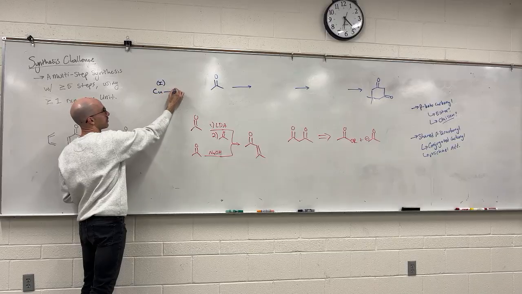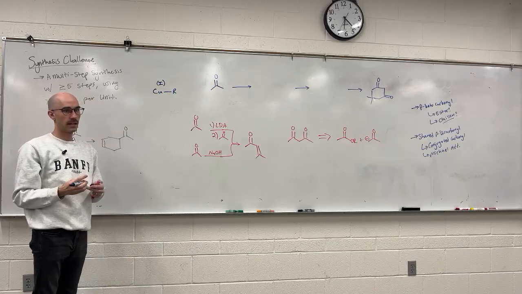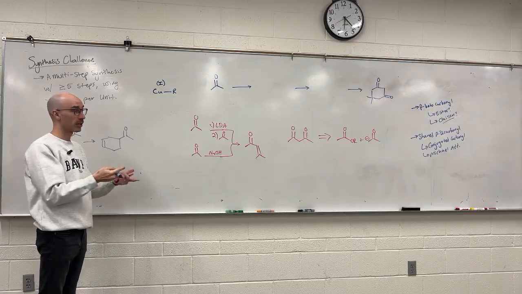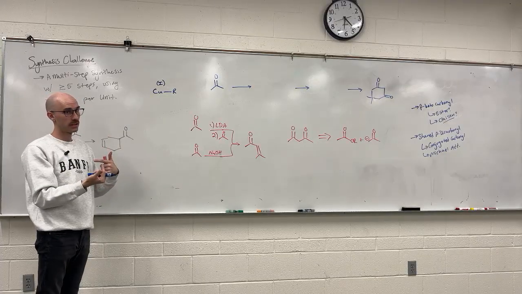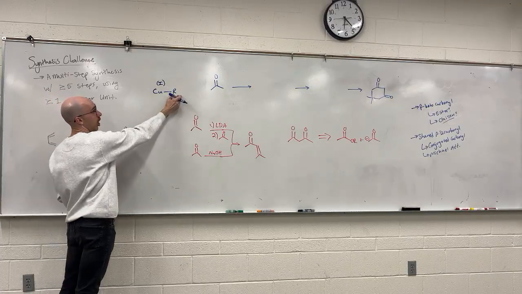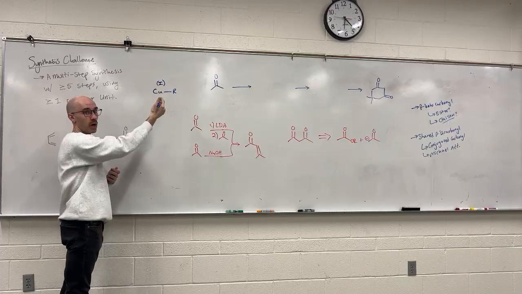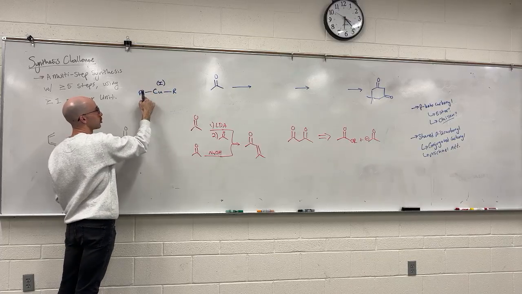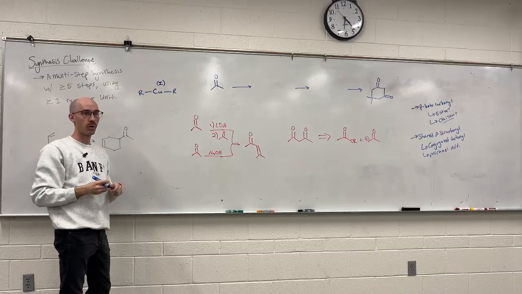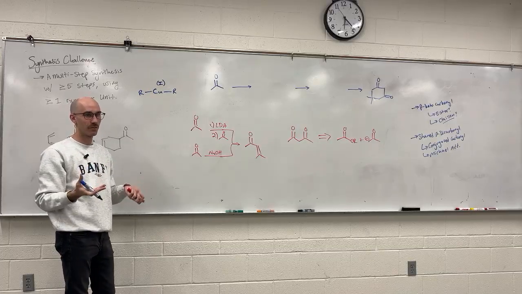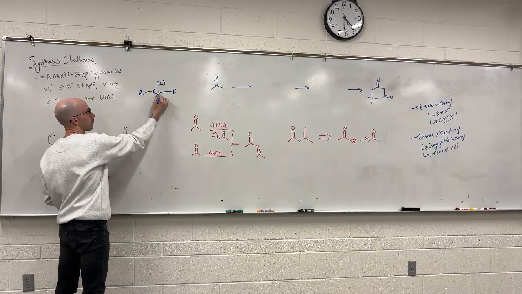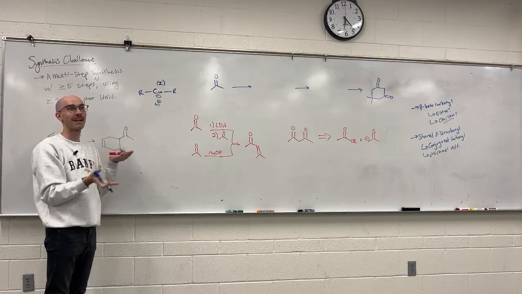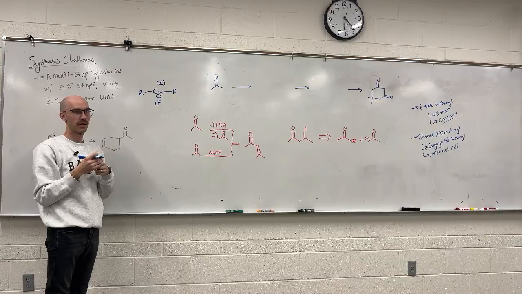When copper bonds to a carbon, the carbon owns the electrons. So this is essentially like bringing R- to copper 1, neutral. R- 2 times to copper 1 leaves us with a -1 charge, which is why we write out lithium. Lithium balances that charge on the copper.